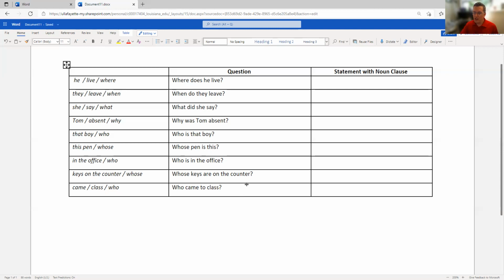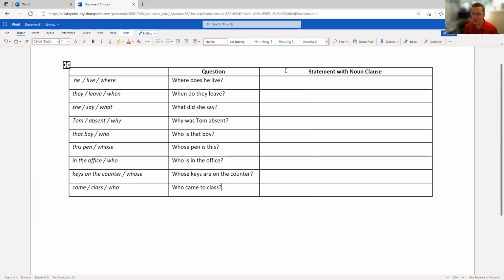So this is the question word order. We have the question word, then we have that switch where we put a helping verb, a modal, or auxiliary verb before the subject. Do, does, did, or the to be verb. It's going to be before the subject. Where does he live?